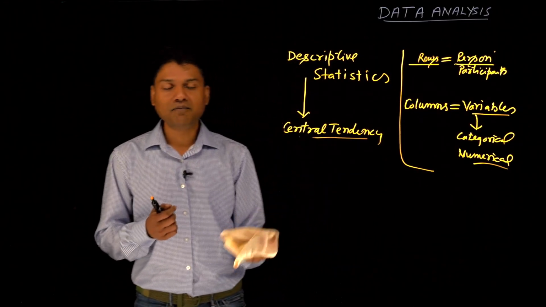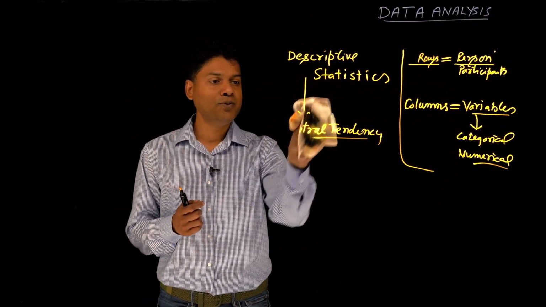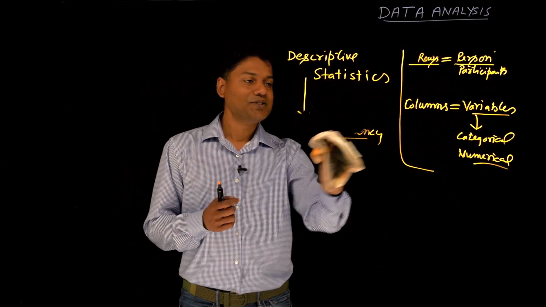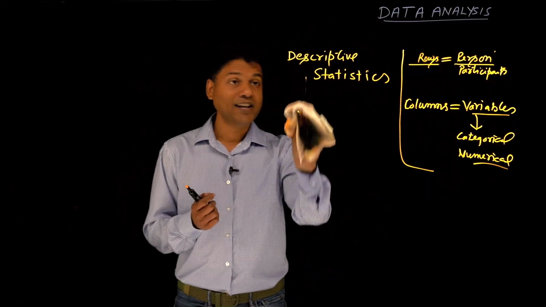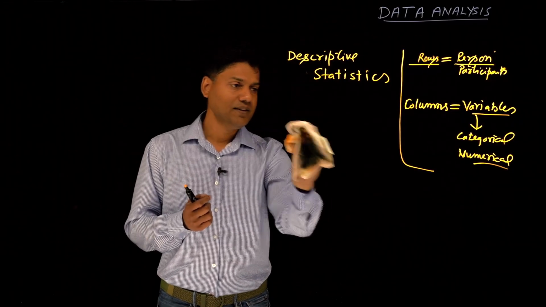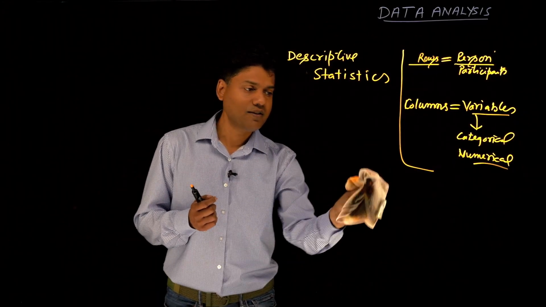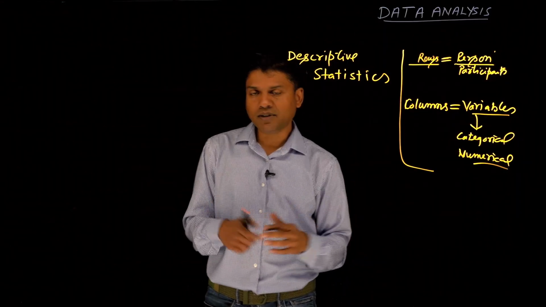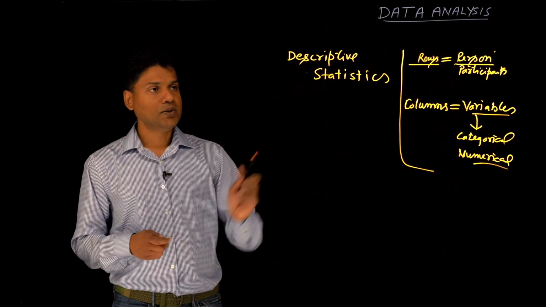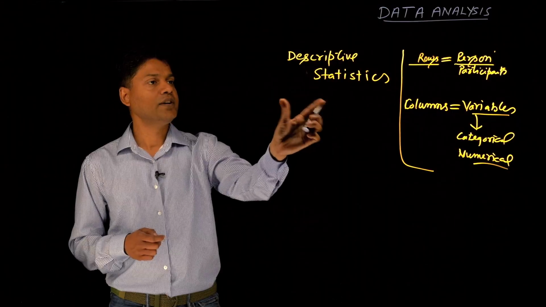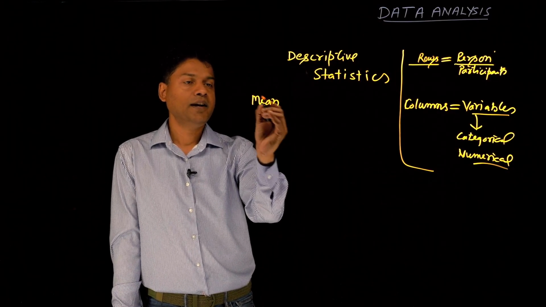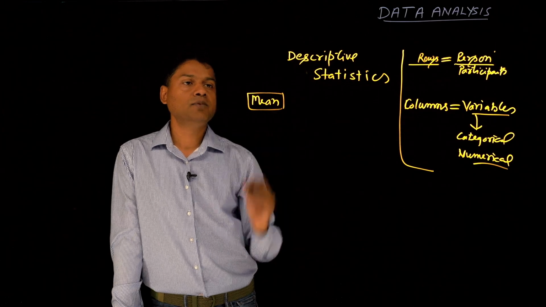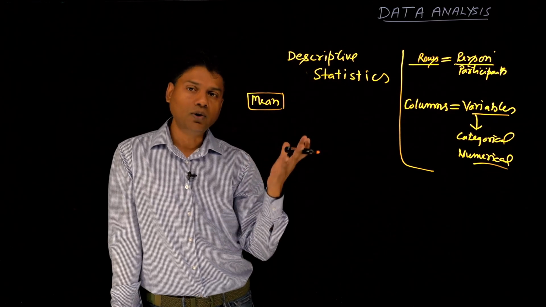Somebody might ask you, what is your average salary? That is how much you are making every month on average. So that's what average is. I'm guessing you all know that, but for the sake of explaining it, let's do that with an example. In statistics we use the word mean, which is equal to average.